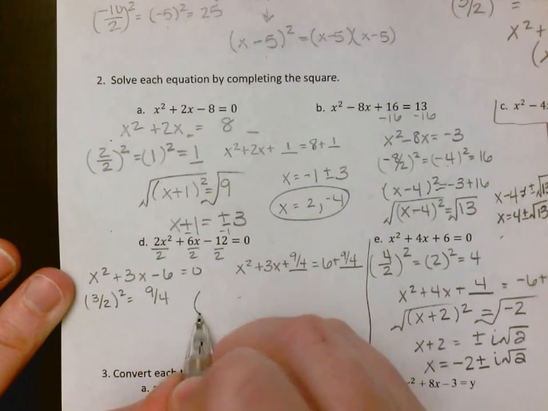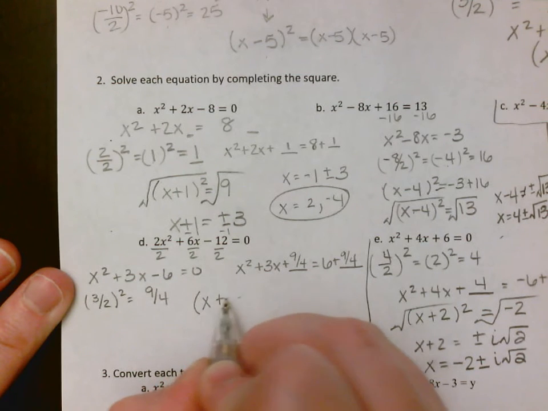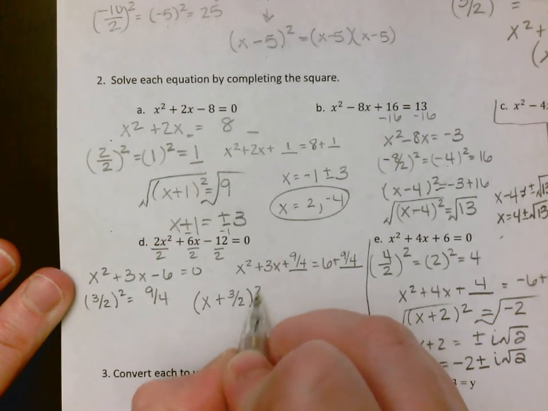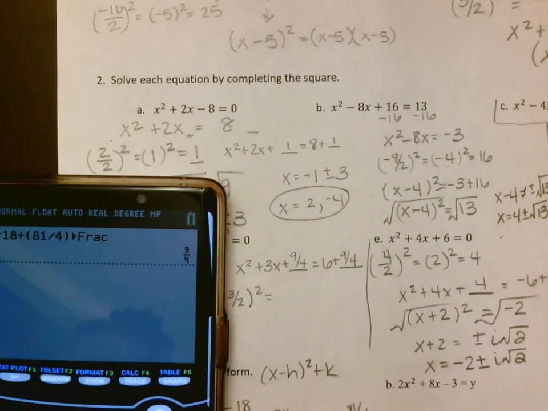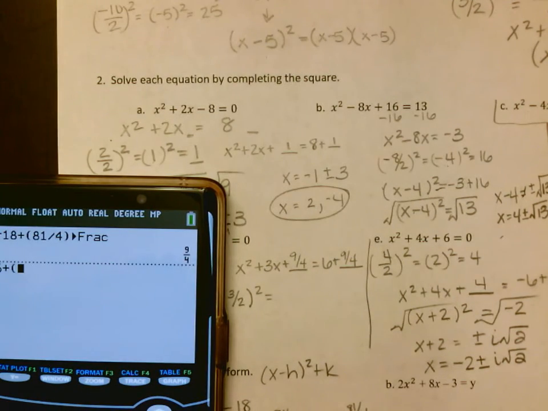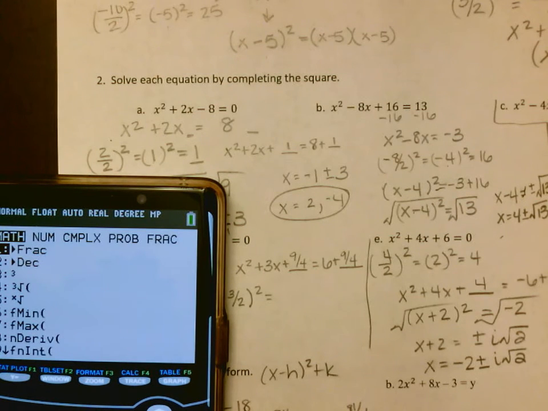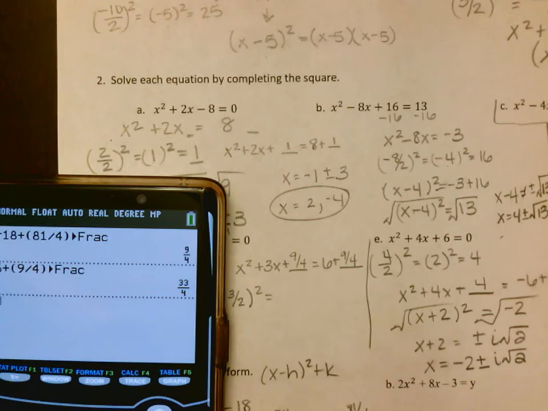So this will factor down to x plus 3 halves squared equals, and once again on my calculator I'm going to do 6 plus 9 fourths, so 6 plus quantity 9 divided by 4, math frac, gives me 33 fourths.